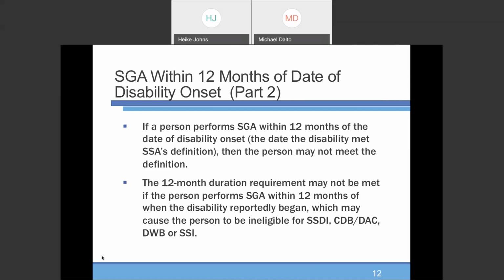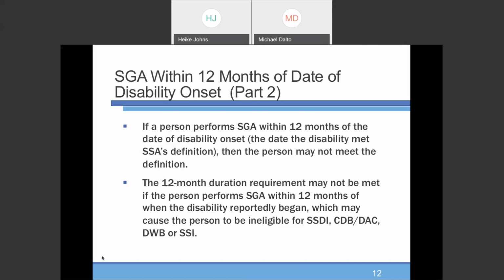Well, if they did SGA within 12 months of that date, then it's safe to assume that they perhaps did not meet the second part of the definition. Their disability did not meet Social Security's criteria for at least 12 months because they were not incapable of doing SGA for at least 12 months after their disability onset.